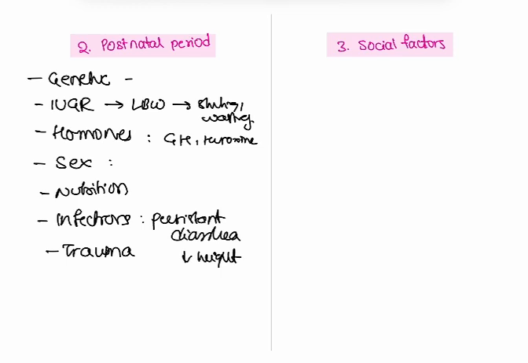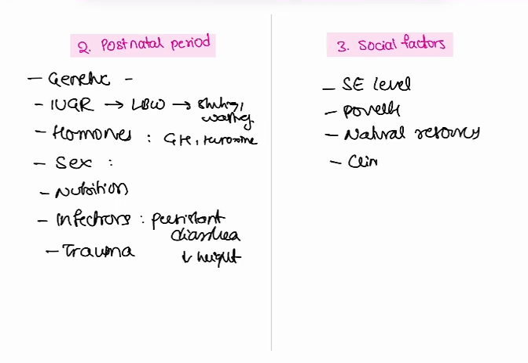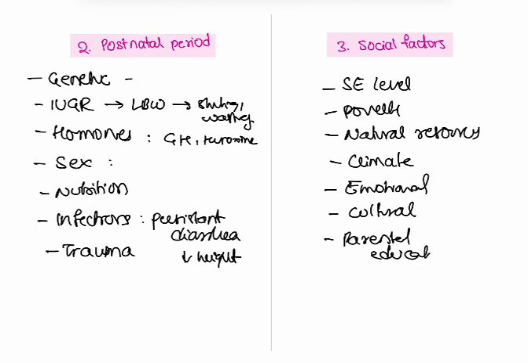Social factors like socio-economic level, poverty, natural resources, climate, emotional factors, cultural factors, and parental education. The child belonging to upper economic level has better nutritional status.